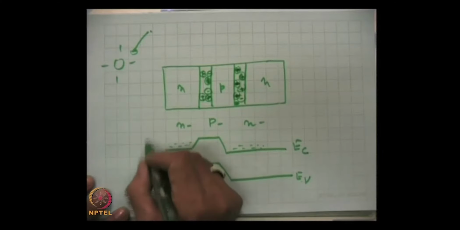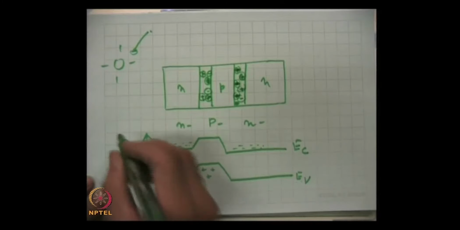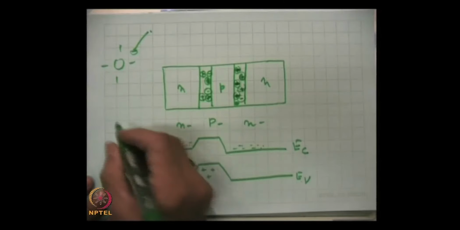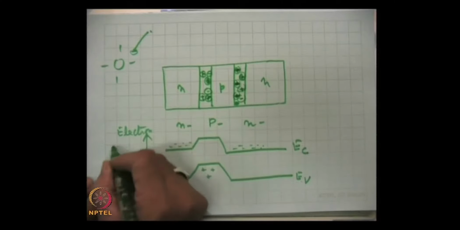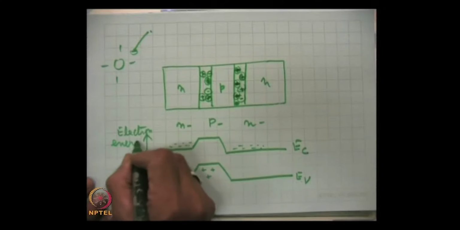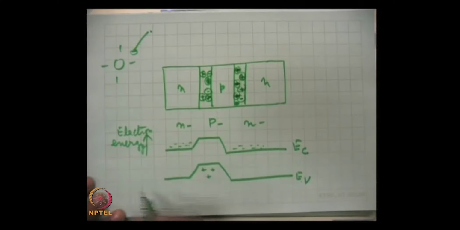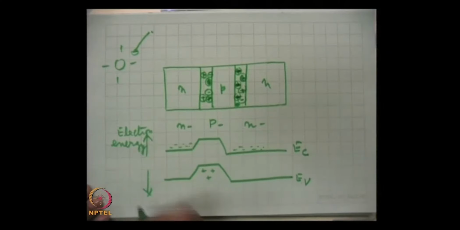This is the electron energy which goes in this direction, while hole energy goes in the opposite direction. This also we had discussed earlier. This is the hole energy.